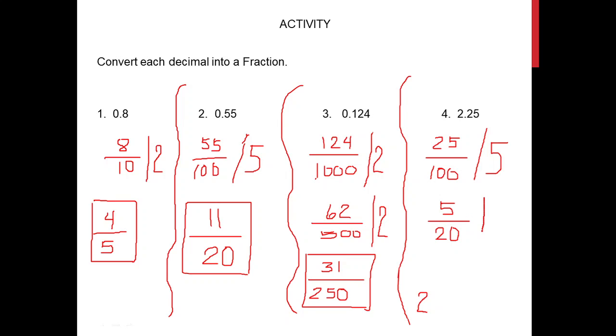Yes. We can still divide it by 5, right? Here, 5 divided by 5 gives us 1. 20 divided by 5, that is 4. Now this is already in its simplest form. Therefore, this will be our final answer.